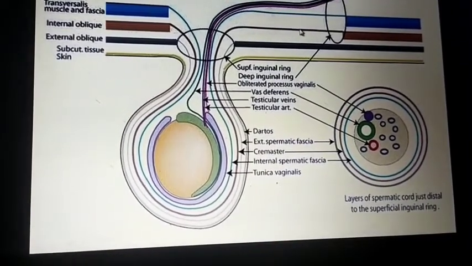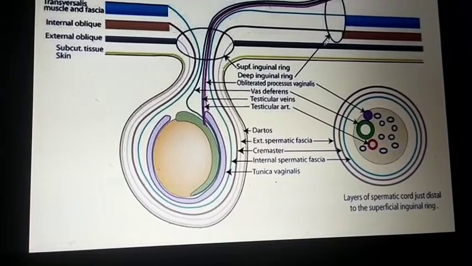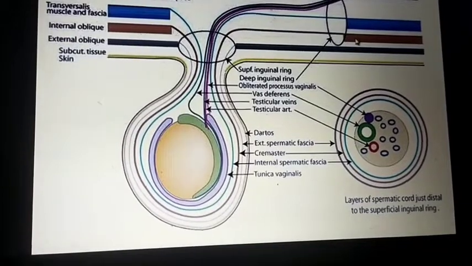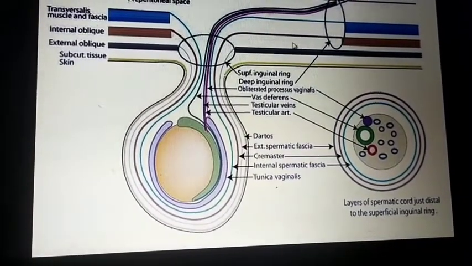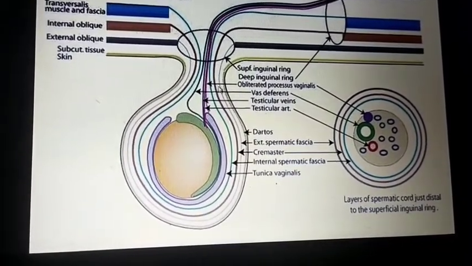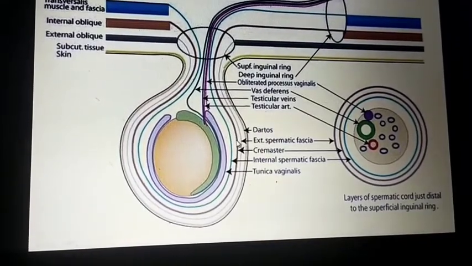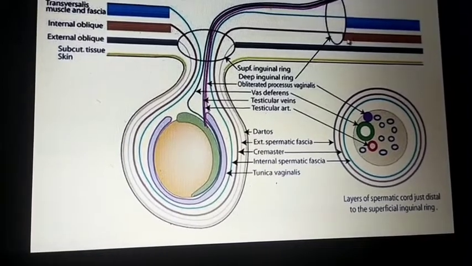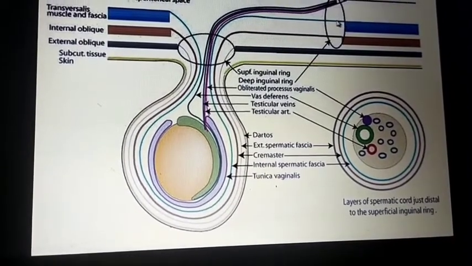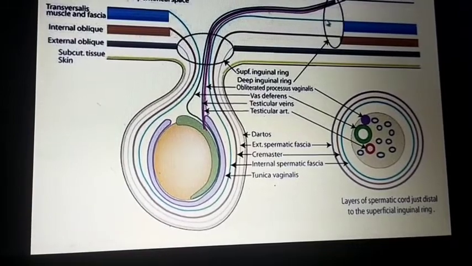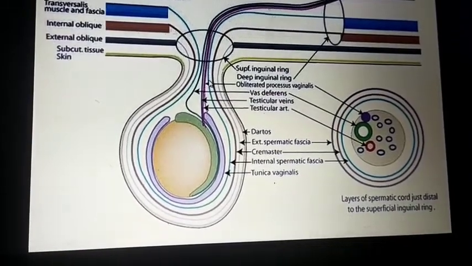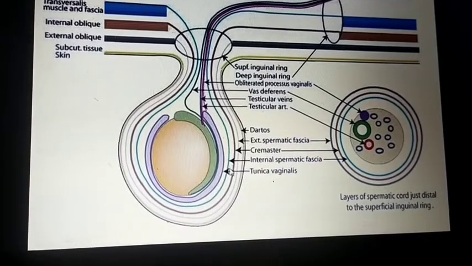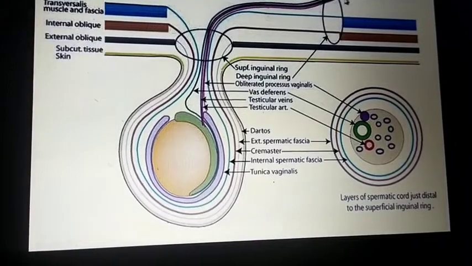Then this is the deep ring, and here you will see the conjoint tendon, and I already explained. This is the internal oblique muscle that continues and forms the cremaster muscle and fascia. This is the transverse abdominis muscle and its fascia, and that forms the internal spermatic fascia. And this is the peritoneum.